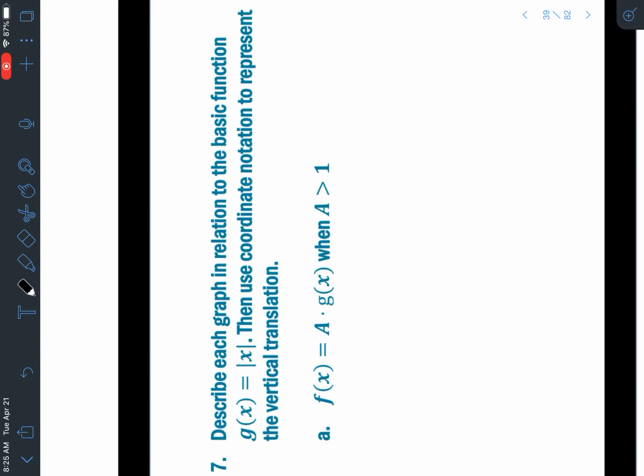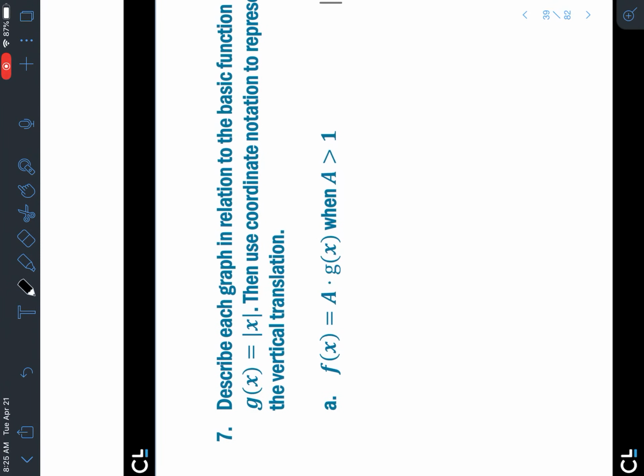Okay, so when we look at this, f of x is equal to a times g of x, and a is going to be larger than 1.